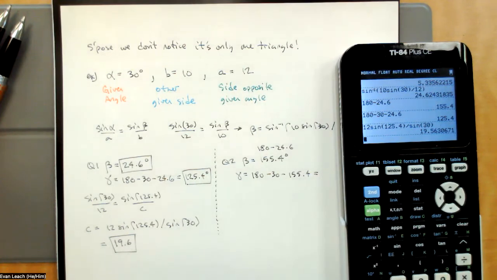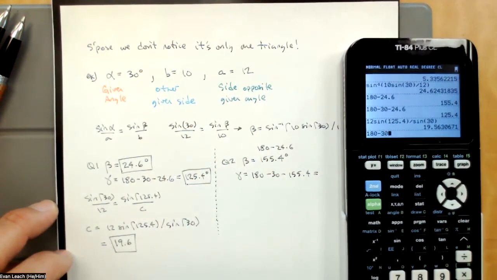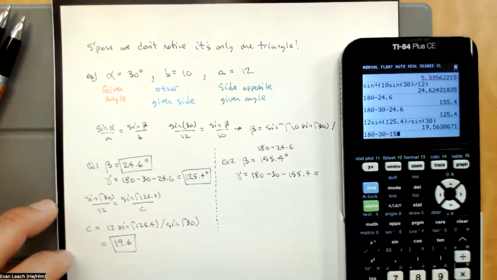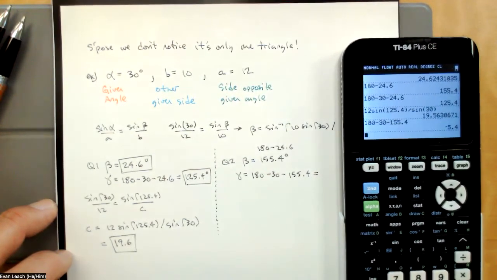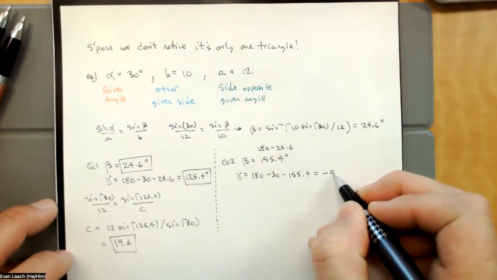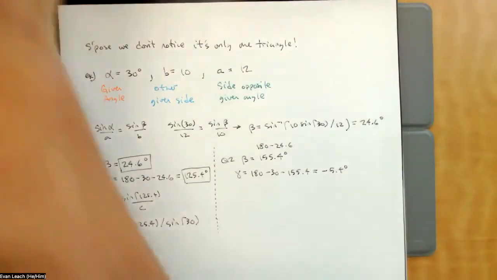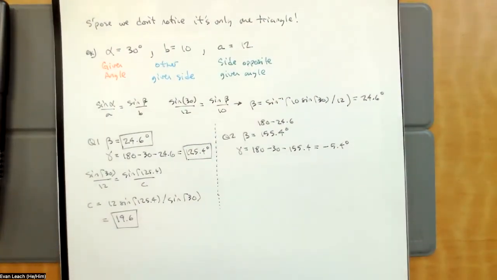Because now when we subtract, we get a negative value for gamma, and that can't happen. So we're done. We do 180 minus 30 minus 155.4, negative 5.4 degrees. Here the numbers are telling us that this was just one triangle. There is no second triangle.